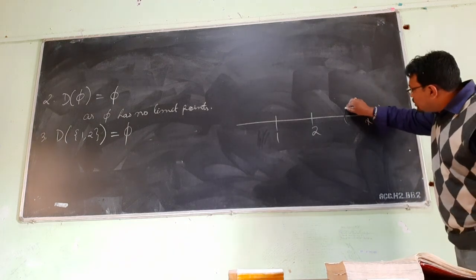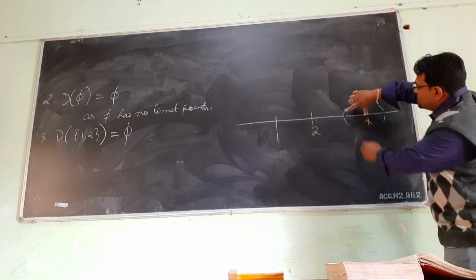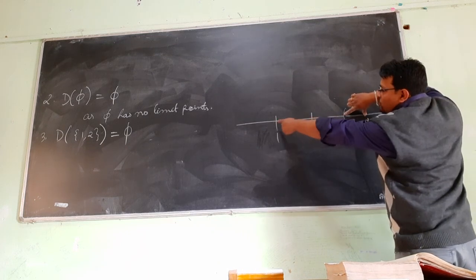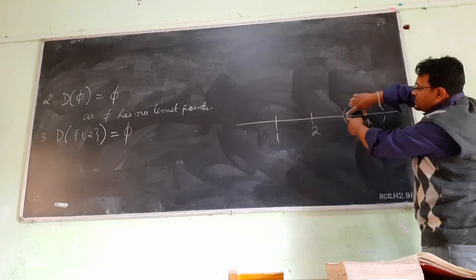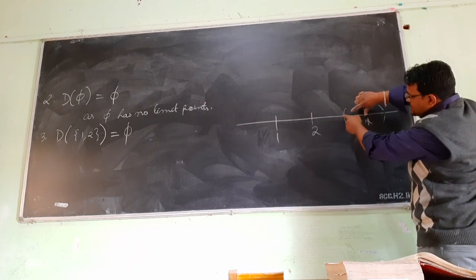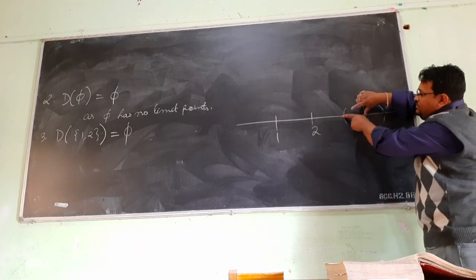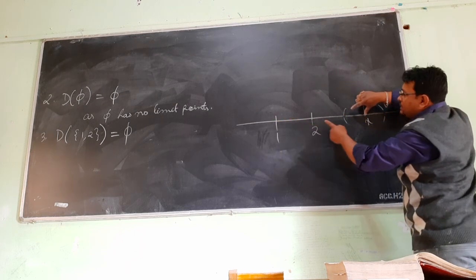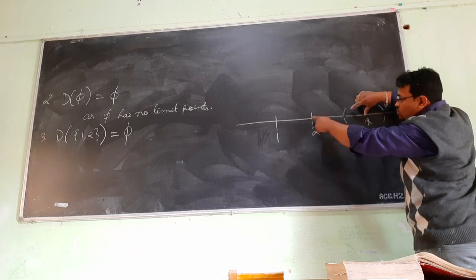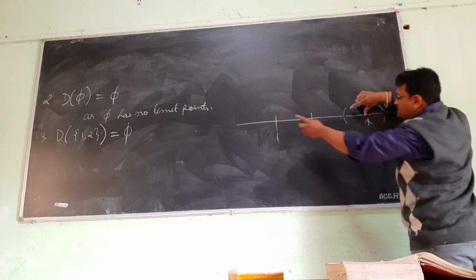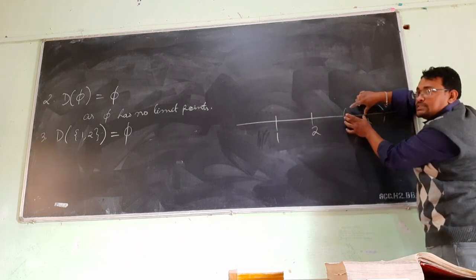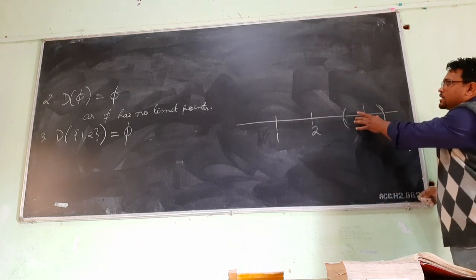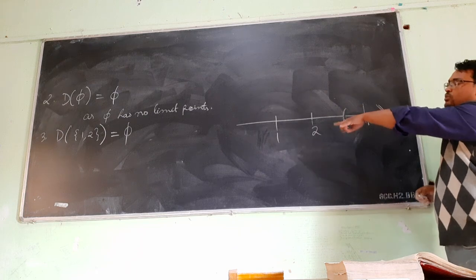So if I construct something like this, whose radius is much less than the distance of x from 2 and the distance of x from 1, then whatever interval I construct, this interval will not contain the points 1 and 2.